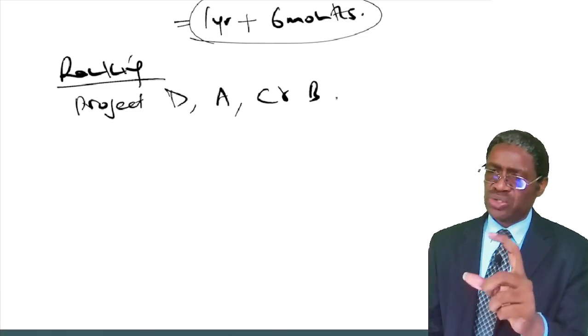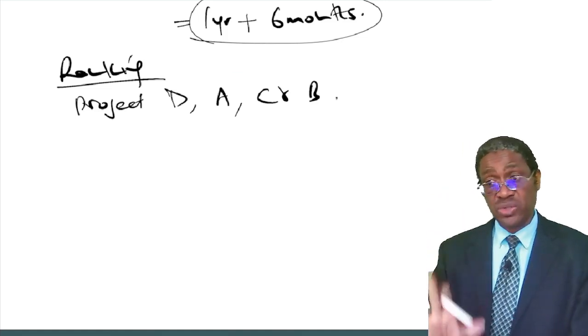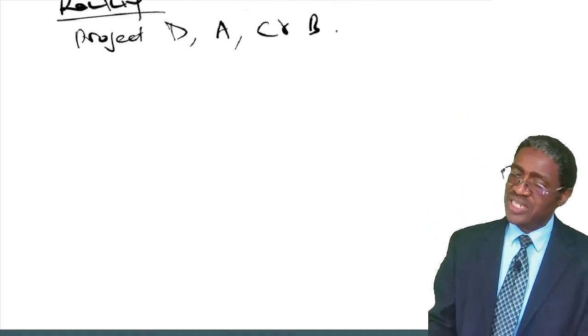But some questions do not give you the cash flows. What they give you is the profit of the project in year 1, year 2, year 3, and so on, or the profit per annum.